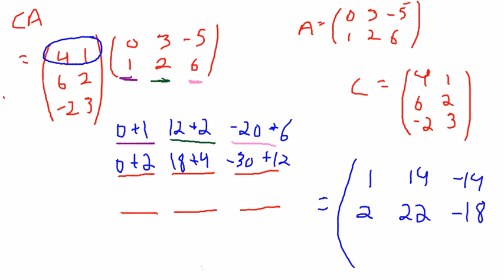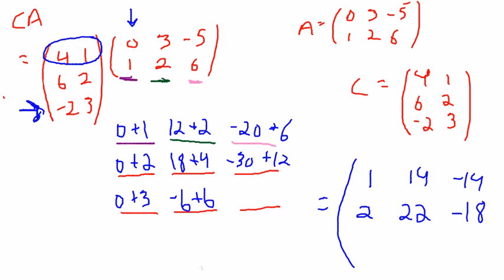Now I'm going to look at this row right here, the negative 2, 3, and I'm going to multiply it by each of the columns. So I get negative 2 times 0, once again 0, then plus 3. Then I get negative 2 times 3, which is a negative 6, right? And then plus 6, so that's going to come out to be 0.